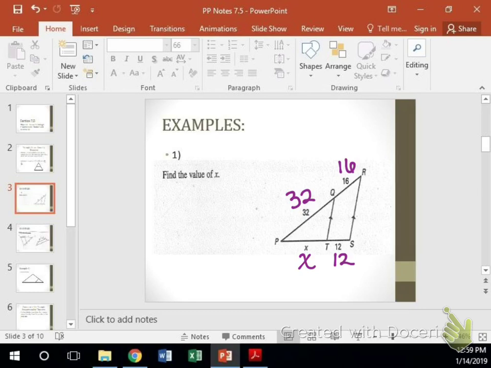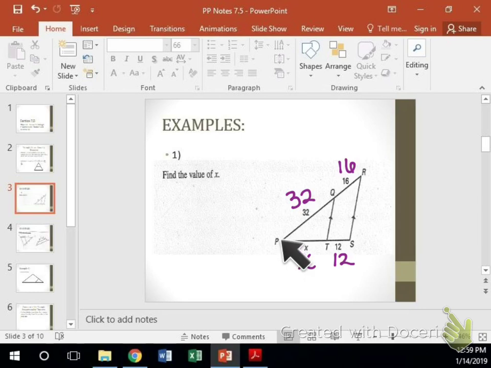So in order to find the value of X, we're going to set up a proportion. I would always recommend picking one side to start with. So it doesn't matter to me which side, do you want to start with PR or PS? PR, okay. So if we start with PR, we've got to choose one section to go over the other section.